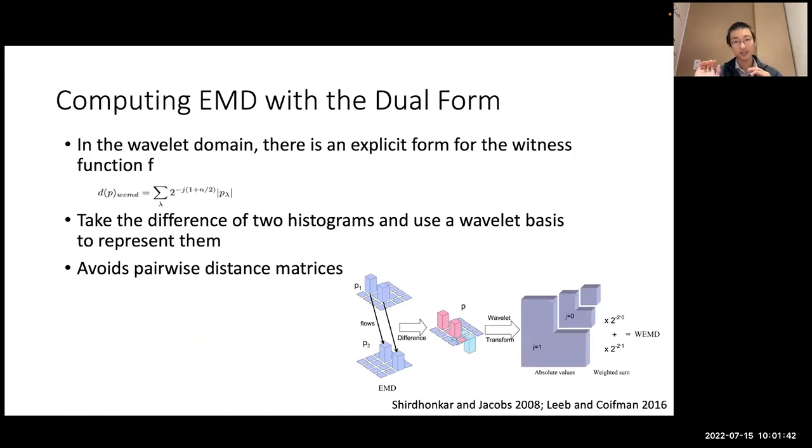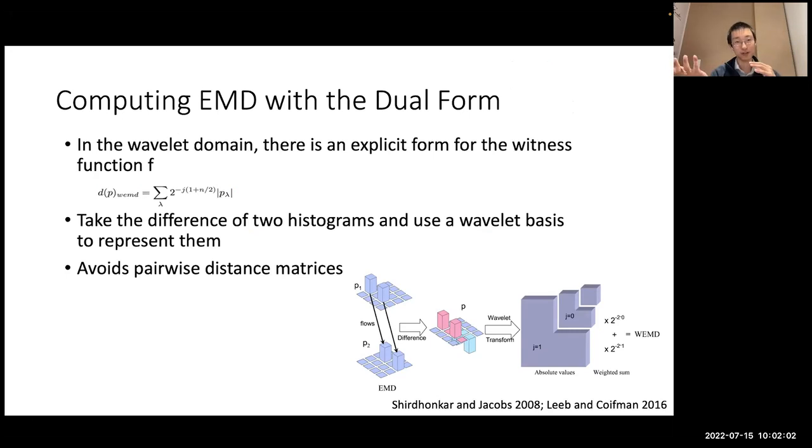And so wavelets in general, you can think about it as doing EMD in a dual form. I'm not going to go into that too much, but the idea is that you're looking for this witness function in Earth mover's distance, and it turns out that this optimal witness function is easy to compute in the wavelet domain.